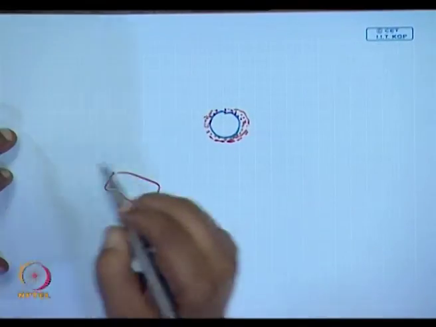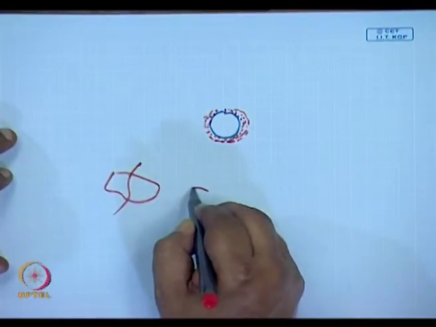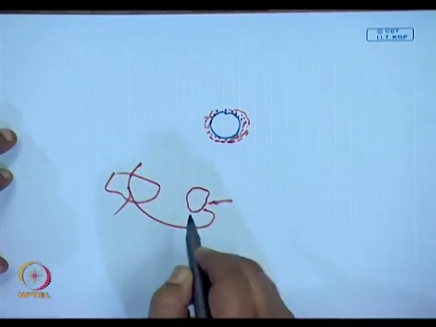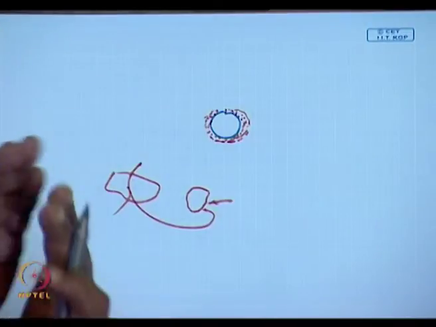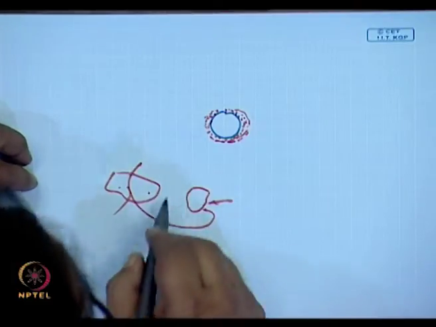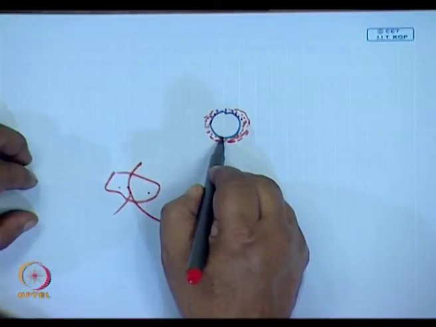The reason is very obvious. If this is a ceramic grain, it has cracked. This cracked surface will be very highly surface active, because I have broken the bonds between these two grains, and hence this surface will tend to stick on the ball.